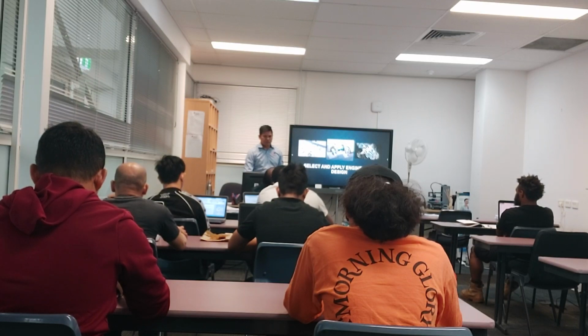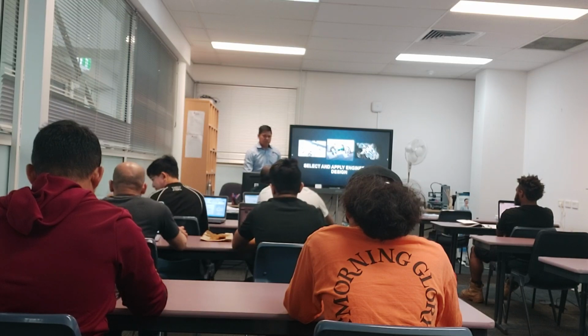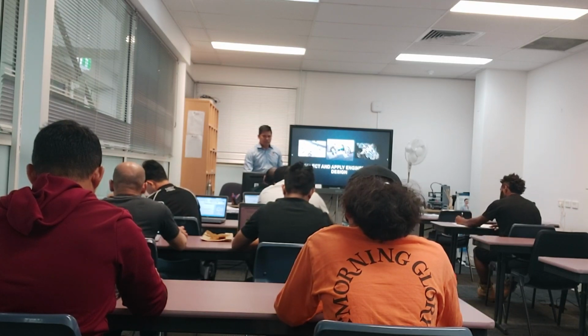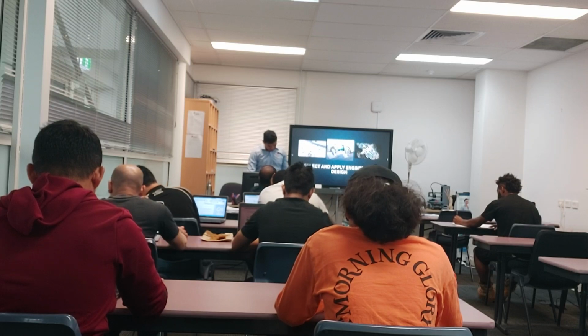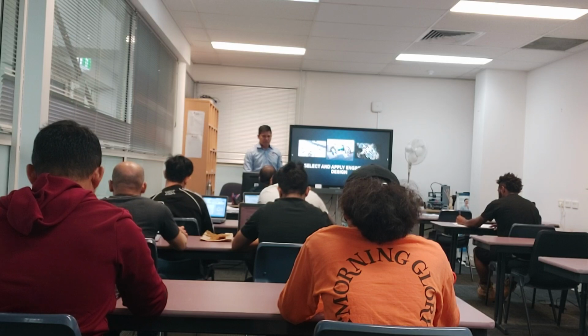Then you decide on the manufacturing method: whether you're going to cast the gears and then mill them, or forge the gears and then mill them, depending on the power requirement and the stress factor inside the material.